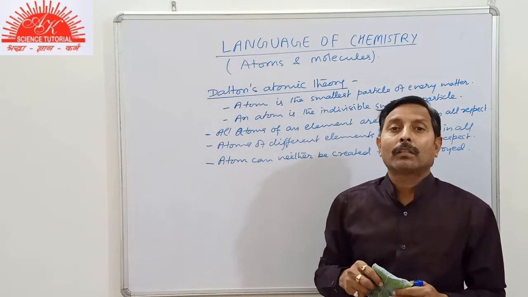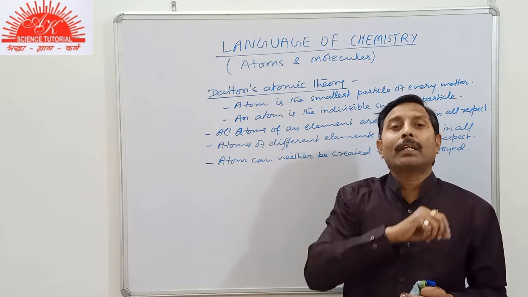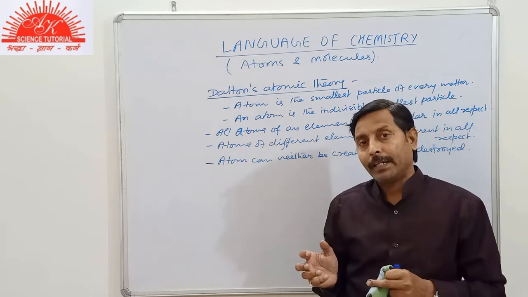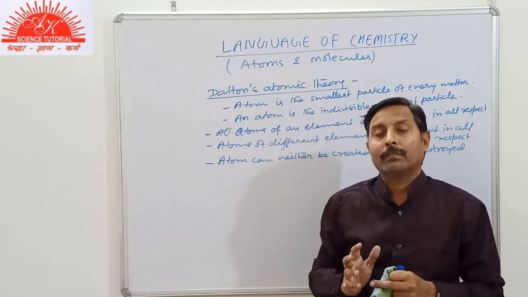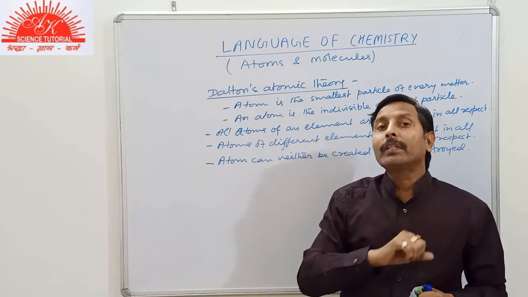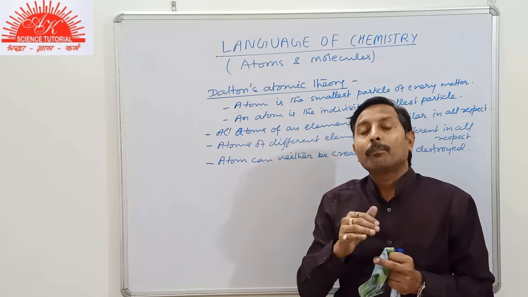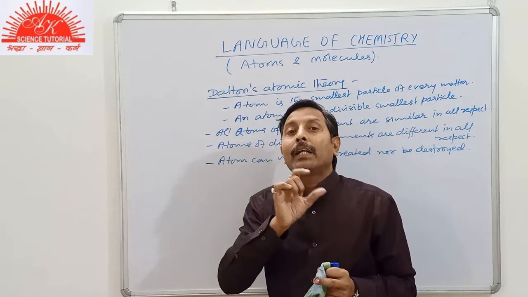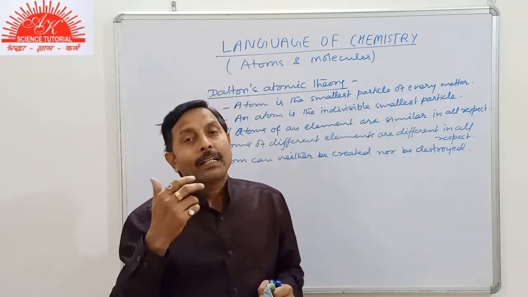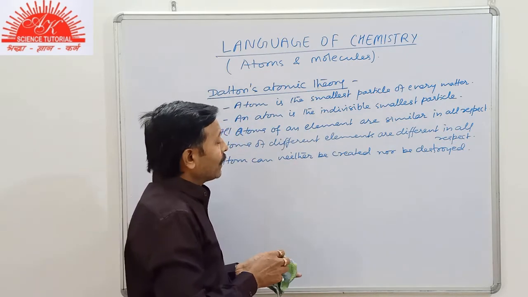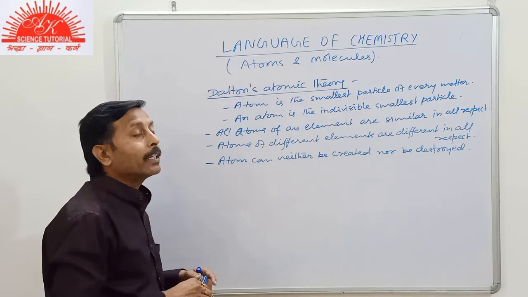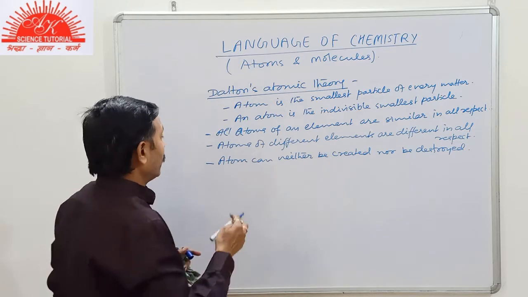For example, when uranium-235 is bombarded with slow moving neutrons, it breaks into lighter nuclei like barium and krypton. So this one is again denied by modern atomic theory.